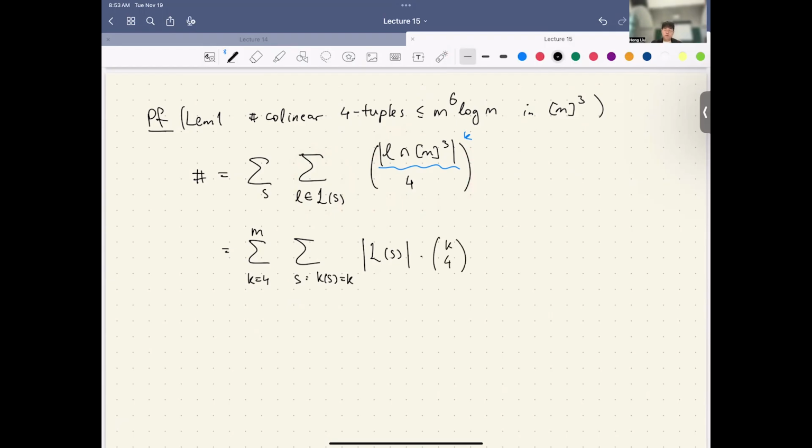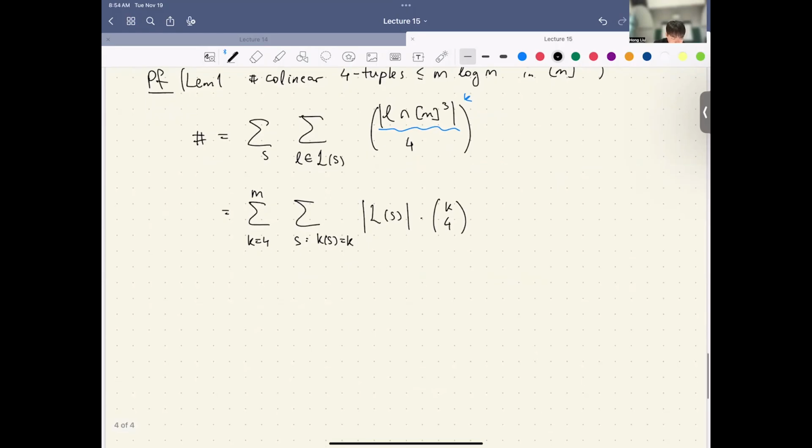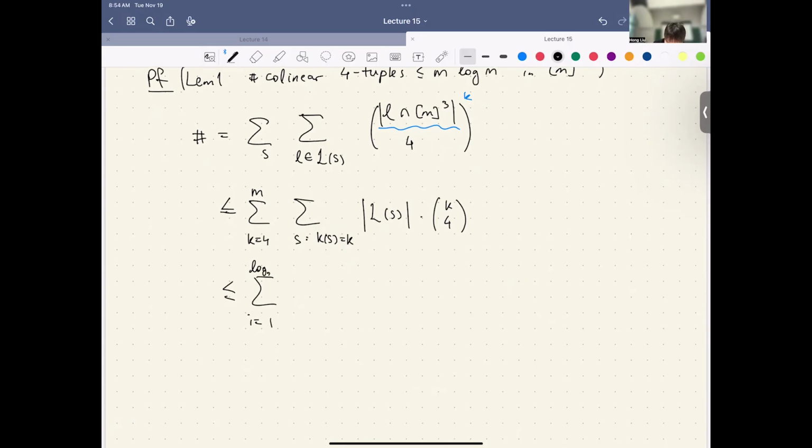All right. Now we do a dyadic partitioning of K, meaning we partition K into dyadic intervals. This here is actually at most, because this K of S is the maximum. So this is at most the sum over the dyadic partitioning, i going from 1 to log base 2 of m.